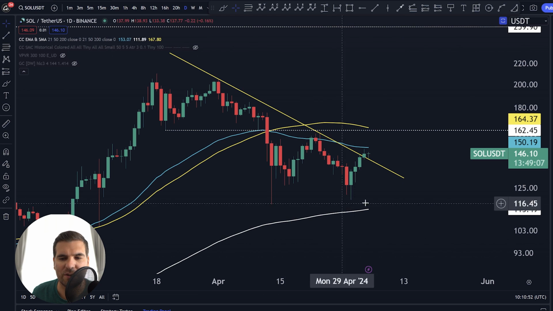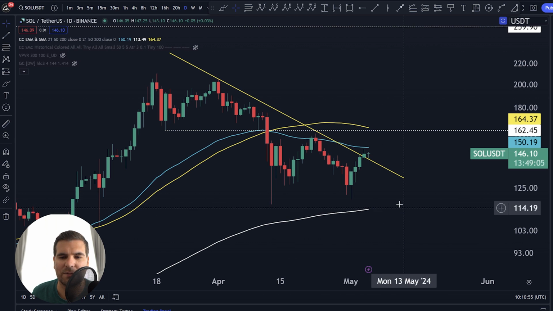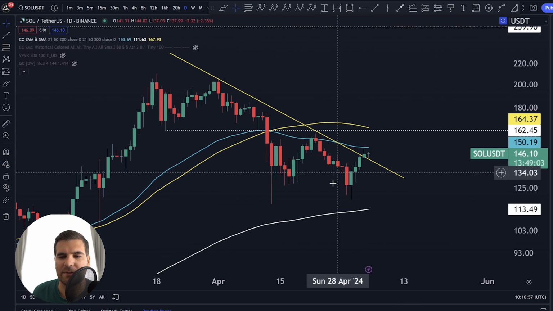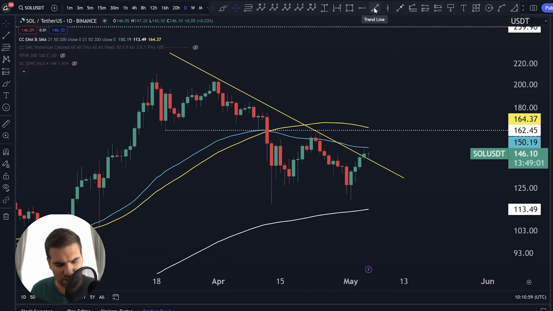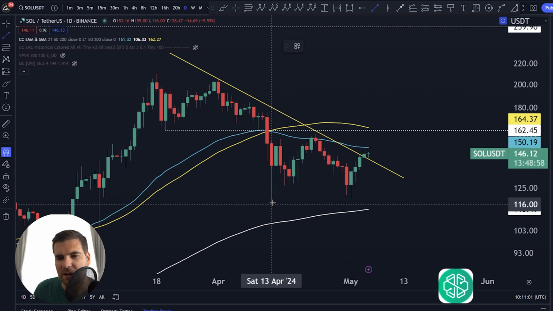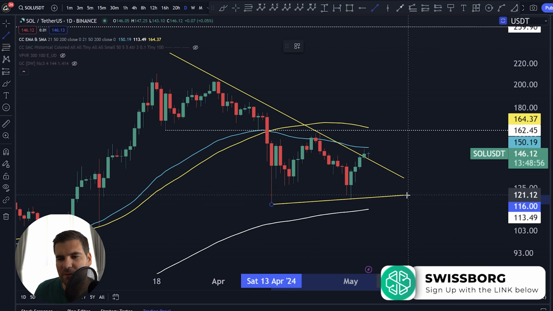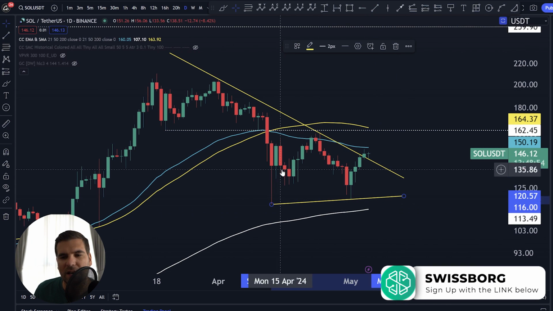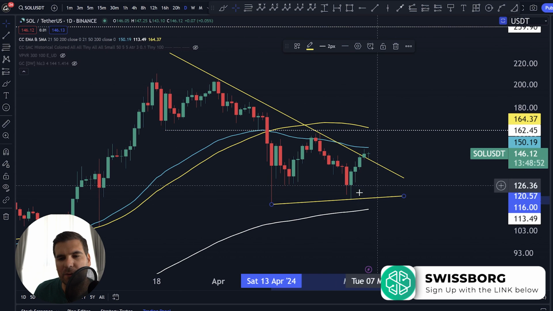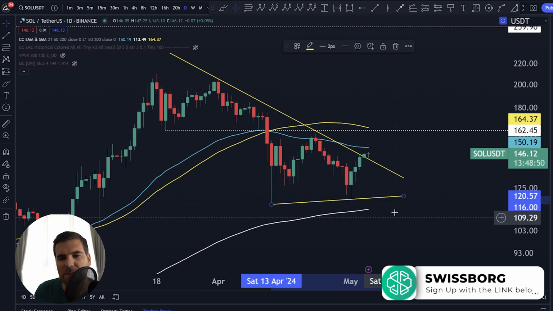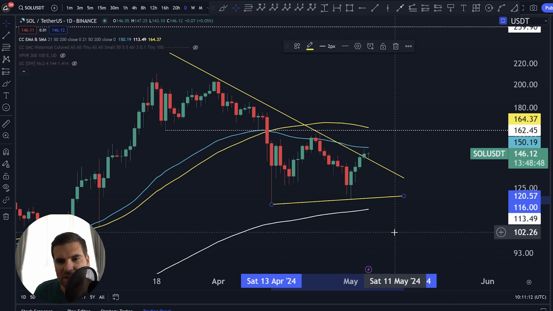So as long as that remains a support line, this is where we're likely to find a bit of a bounce. We do obviously have ourselves a bit of a higher low situation down here for Solana. So as you can kind of see, we find ourselves with a bit of a falling wedge triangle here. Okay, now what we want to do is be a little bit cautious because this could be a precursor to further downside.